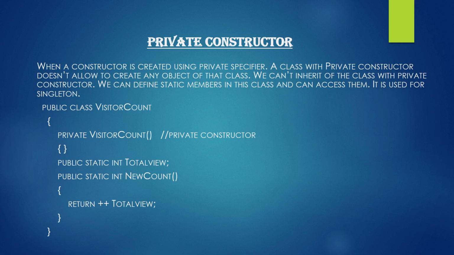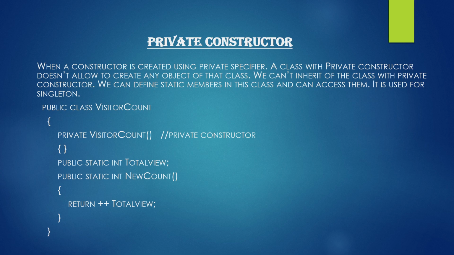This is a private constructor. When a constructor is created using the private specifier, a class with a private constructor doesn't allow creating any object of that class. We can't inherit a class with a private constructor, and we can define static members in this class and access them directly with the class name, and it is used for singleton.